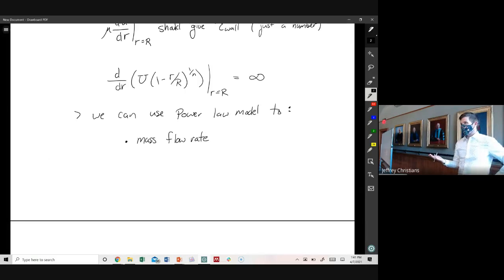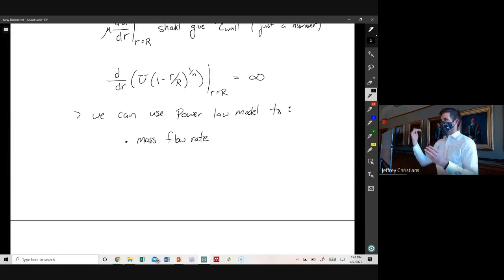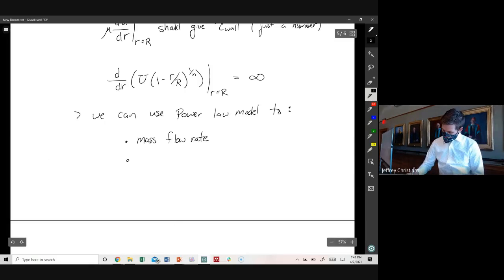So we did this with laminar flow. We took the velocity profile and we integrated it to get the mass flow rate. You remember doing that? We could do a similar thing with this model and get the same types of answers. We could get good answers. So we could figure out mass flow rate.